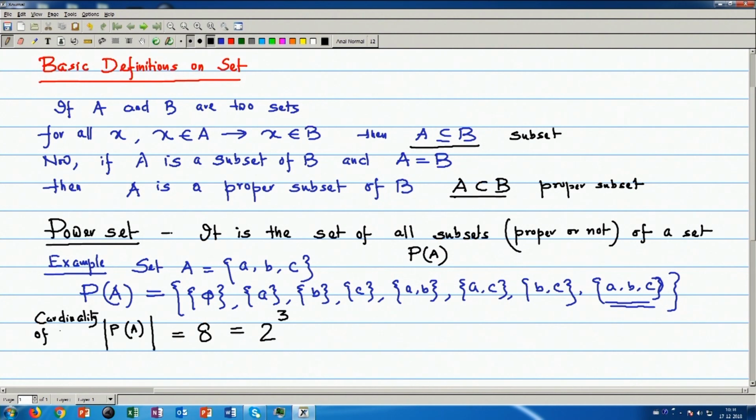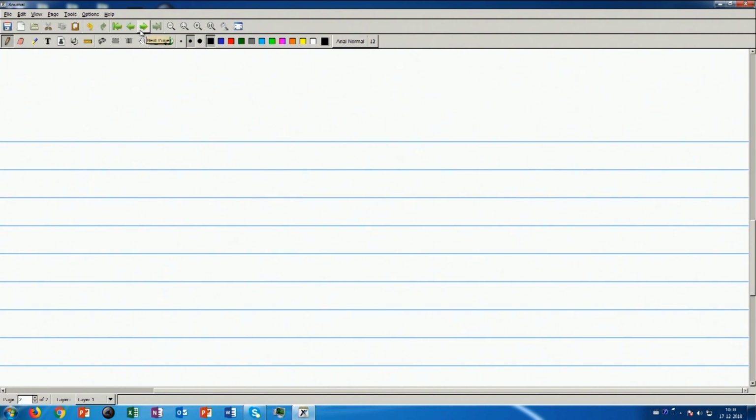This is a general rule: if I have an n-element set, then the cardinality of the power set is 2 to the power n. Let us put that in a theorem.